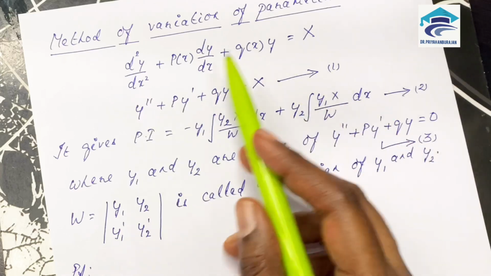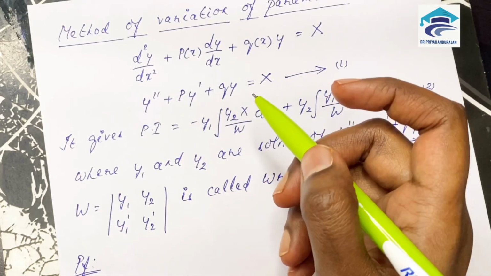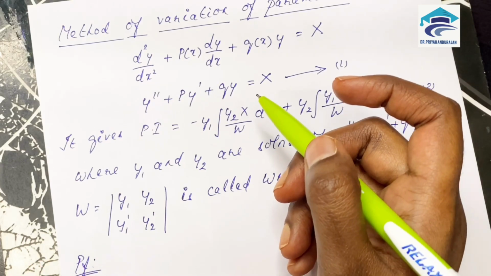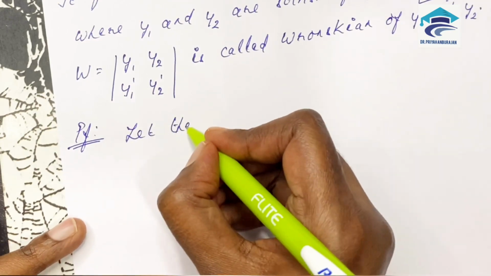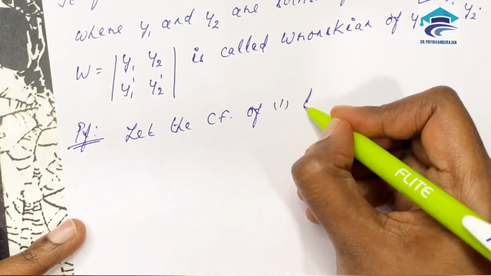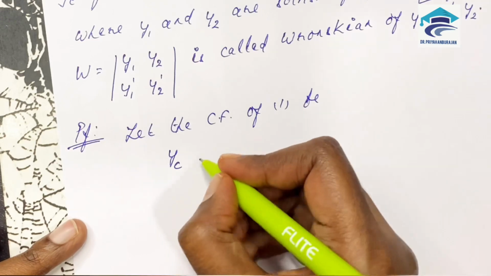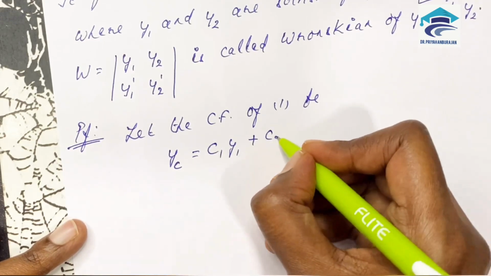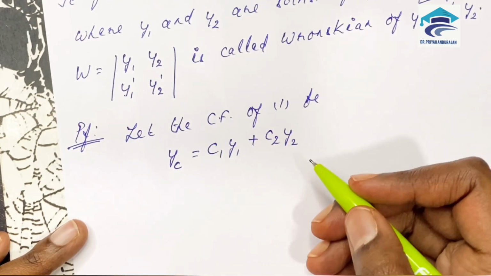Consider equation 1. If there is an equation, the solution will have a complementary function and a particular integral. Let the complementary function of equation 1 be yc, that is equal to c1 y1 plus c2 y2. Here c1 and c2 are constants.